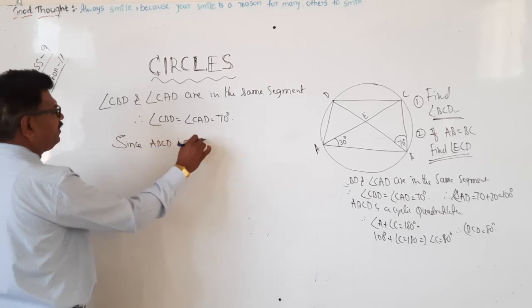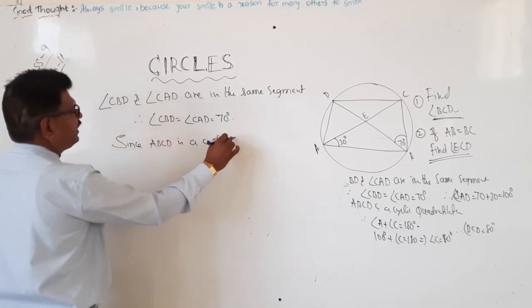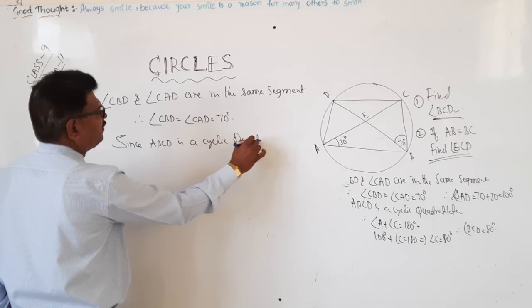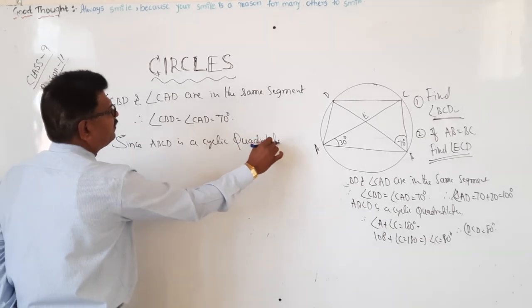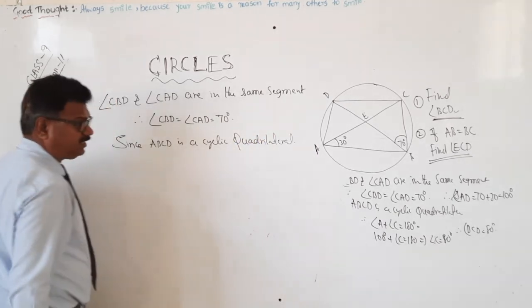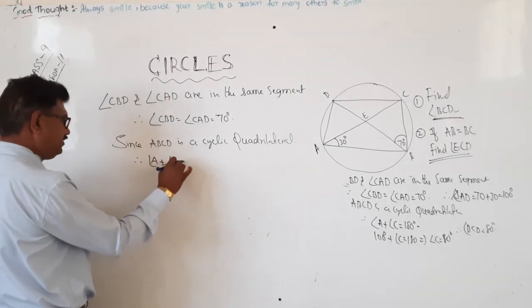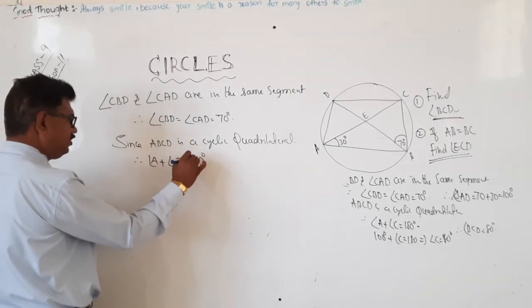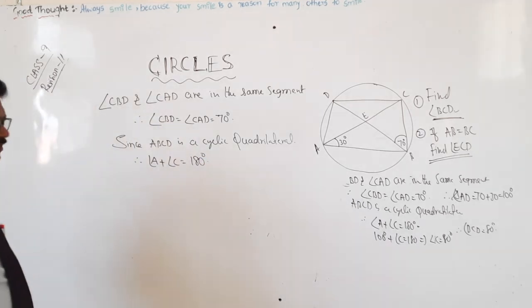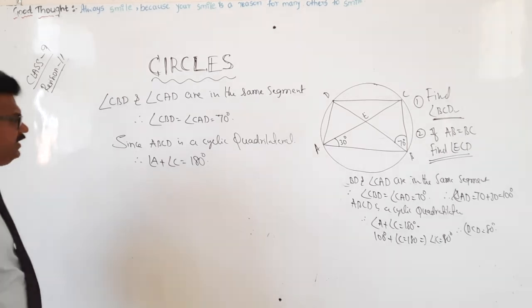Now, since ABCD is a cyclic quadrilateral, angle A plus angle C is equal to 180 degrees.